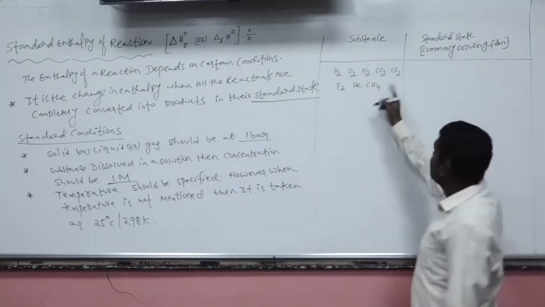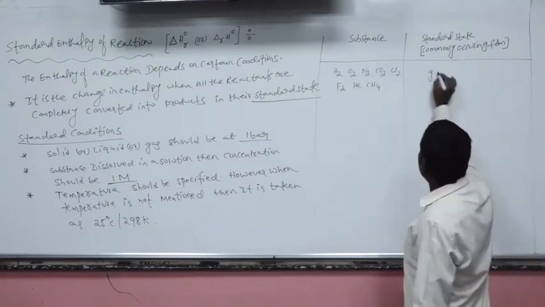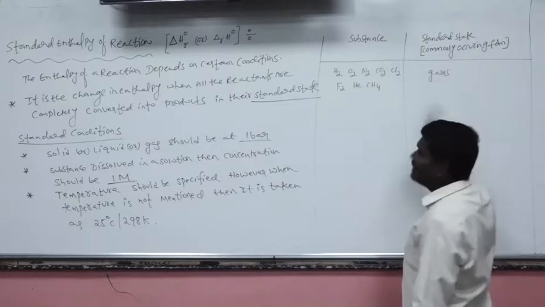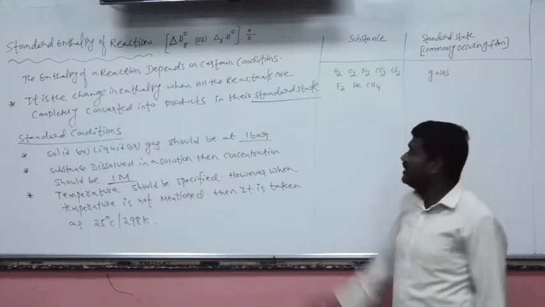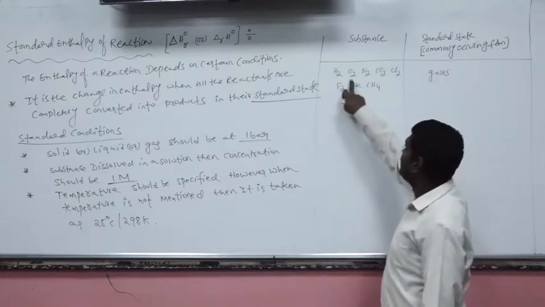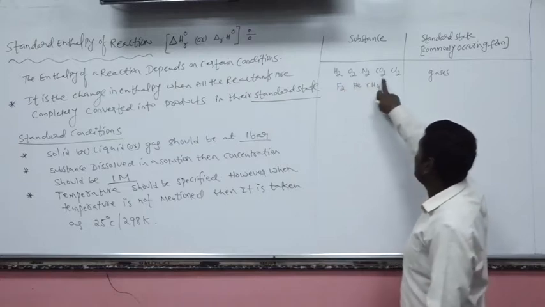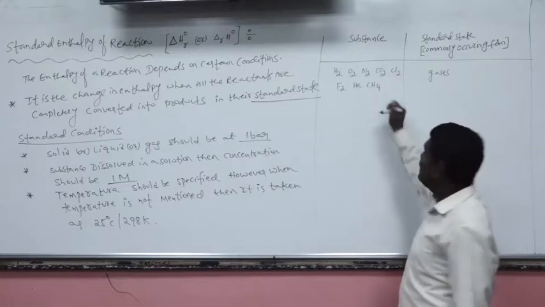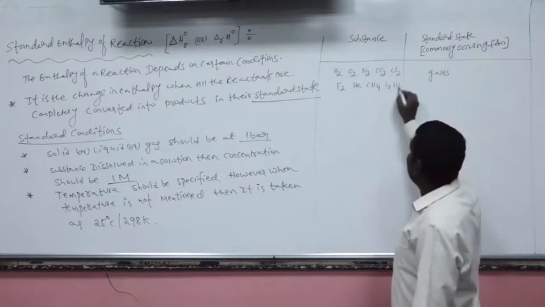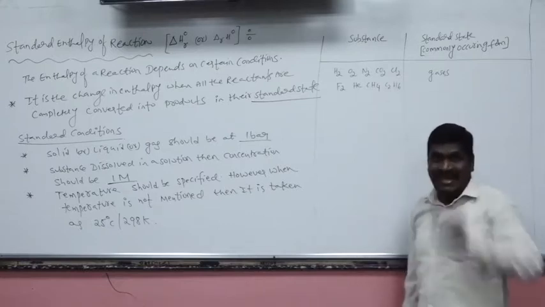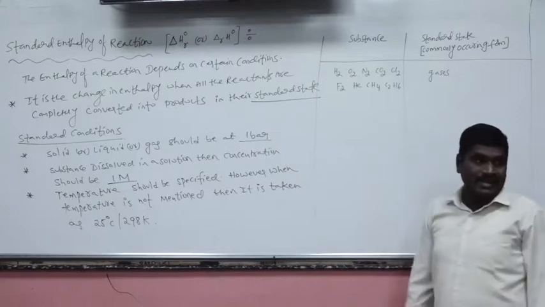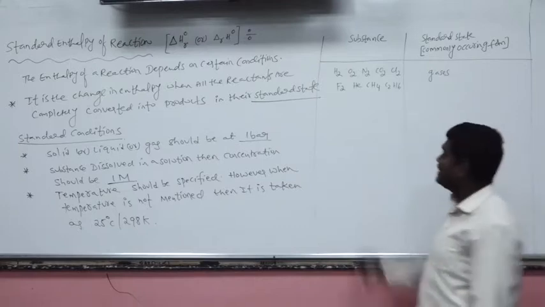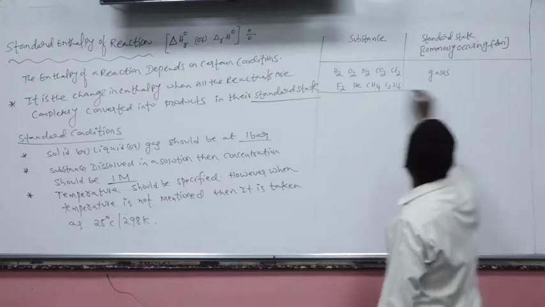All these substances at room temperature exist in the gaseous state. Hydrogen is a gas, oxygen, nitrogen, carbon dioxide, chlorine, fluorine, helium, methane, ethane, ethylene, acetylene, all these are in the gaseous state in their standard state.